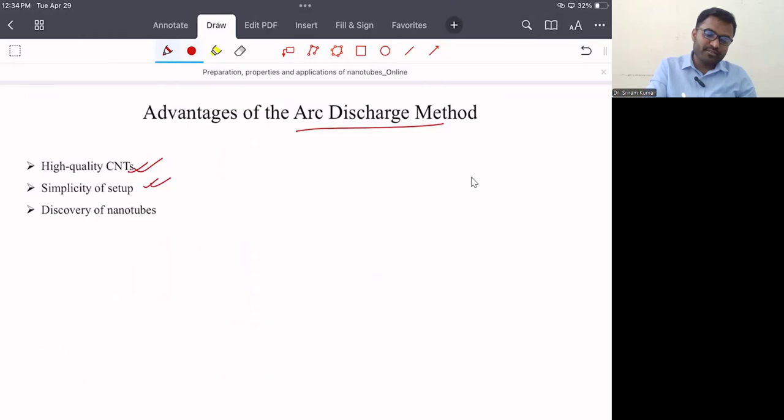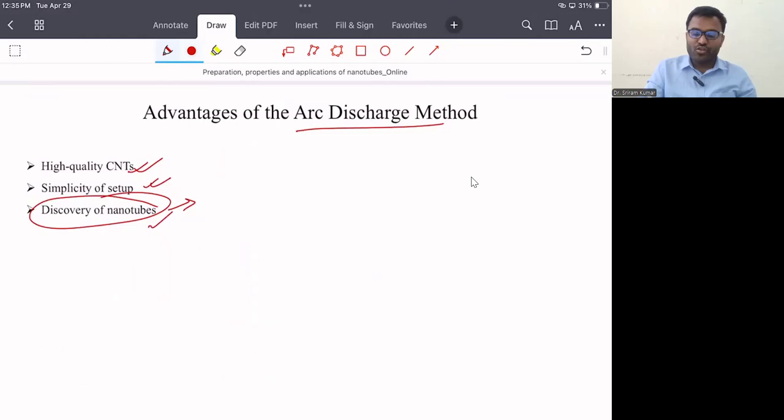And the third is the discovery. Initially the scientists were developing fullerene from graphite material, but one scientist observed that there was some amount of CNT also present with the fullerene.